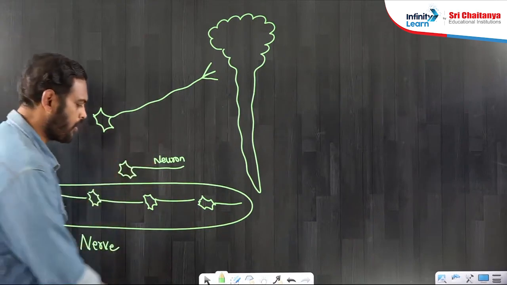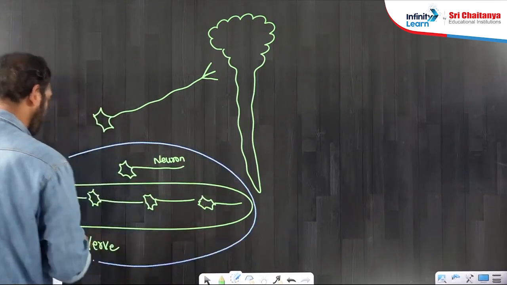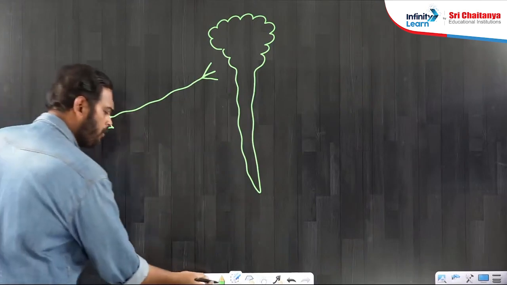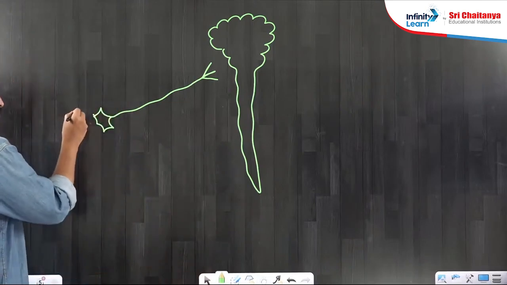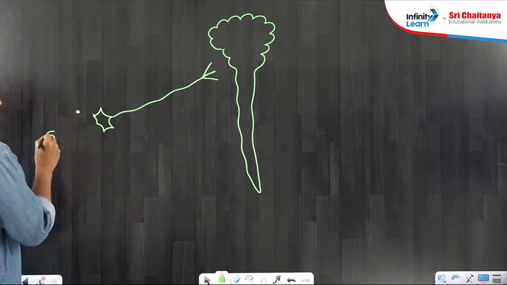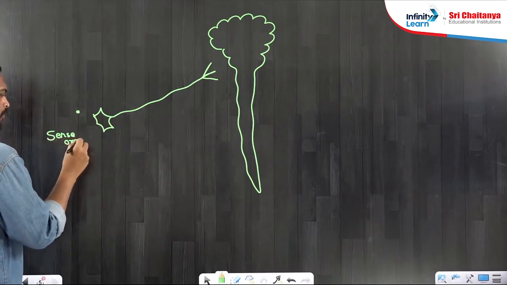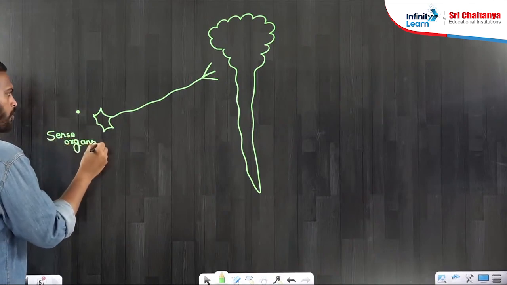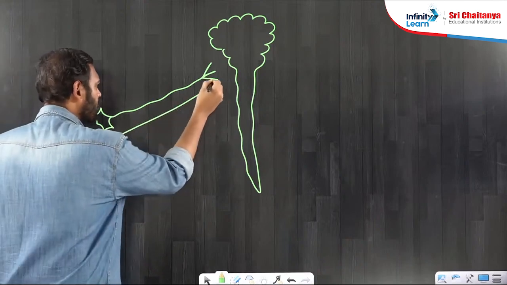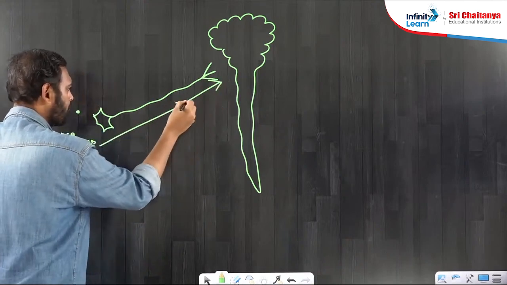Neuron and nerve. Now the thing was, neurons or nerves pass on stimulus from sense organs to the CNS. See this arrow.